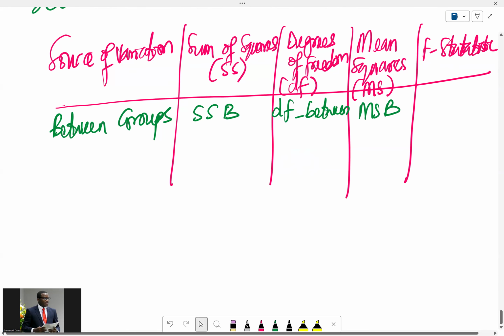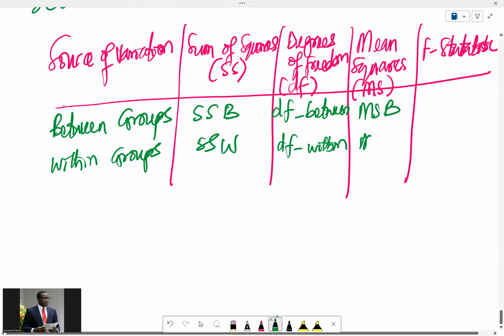Another source of variation is within groups, and then you have sum of squares within, degrees of freedom within, and mean squares within.